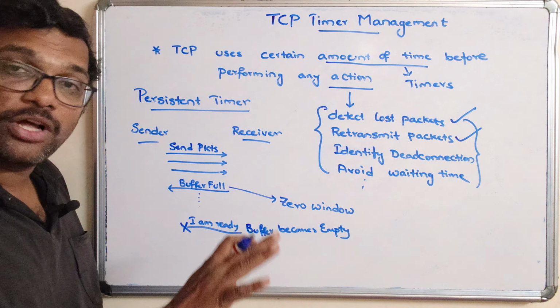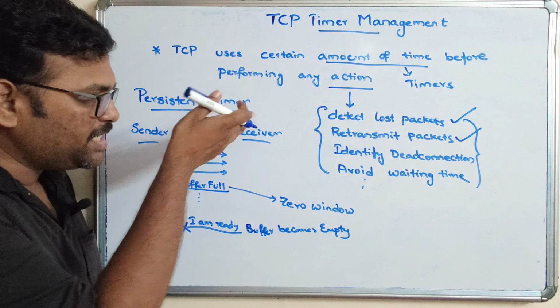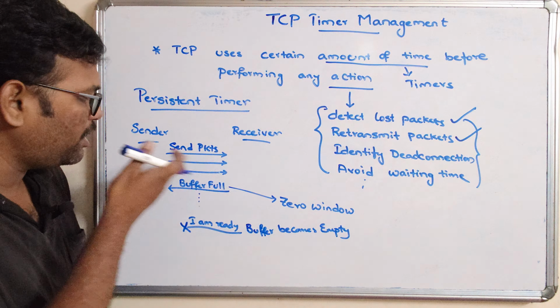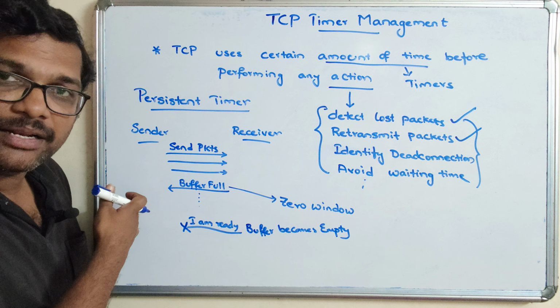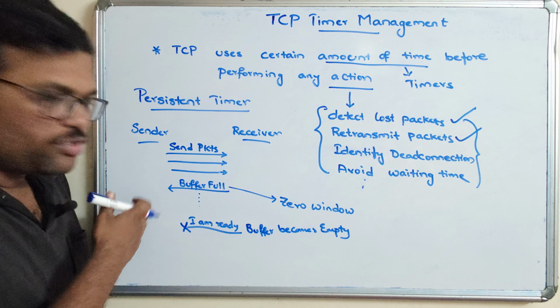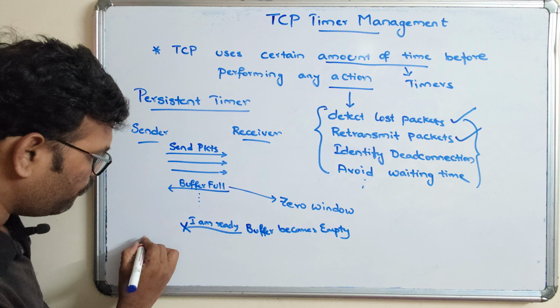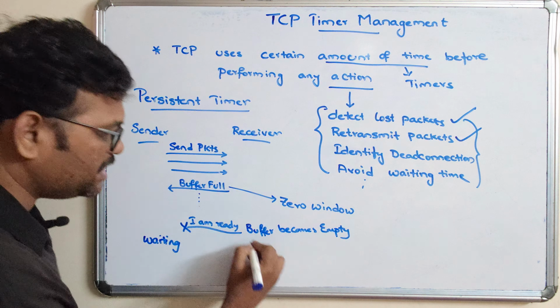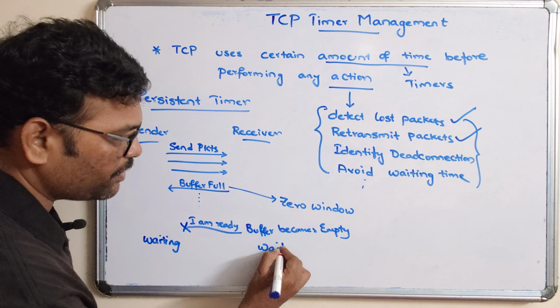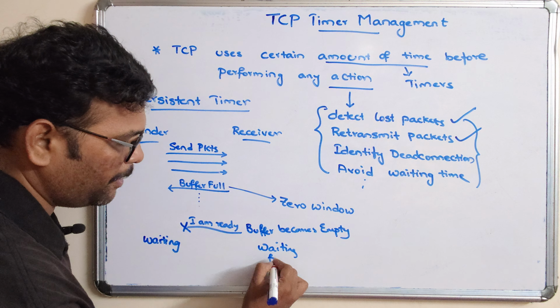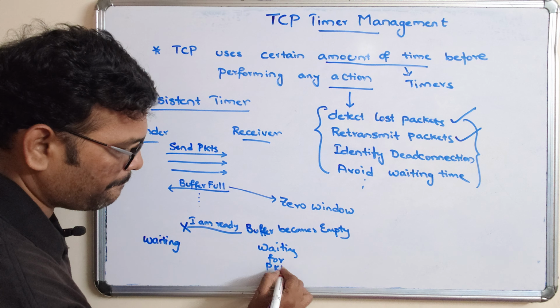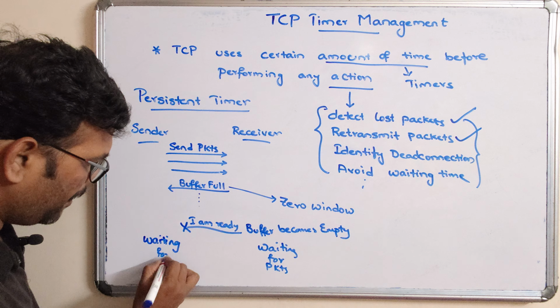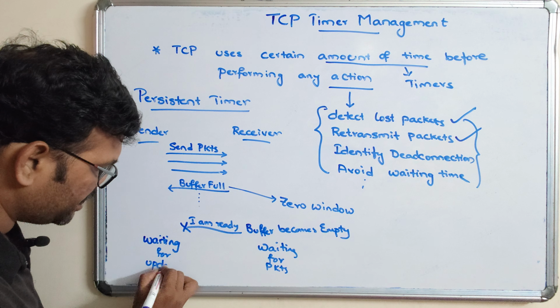Whatever message the receiver was sending was not received by the sender. So the sender will keep on waiting for the update message, and the receiver will keep on waiting for packets.